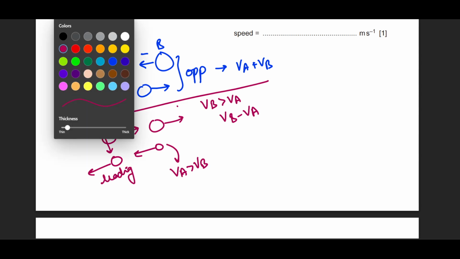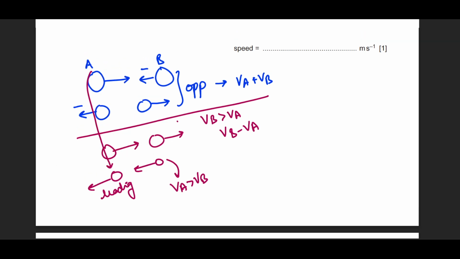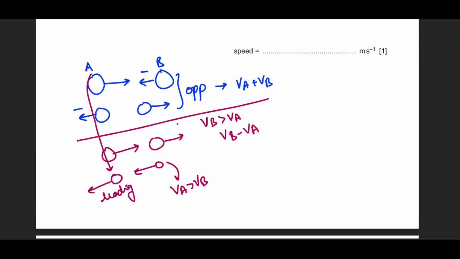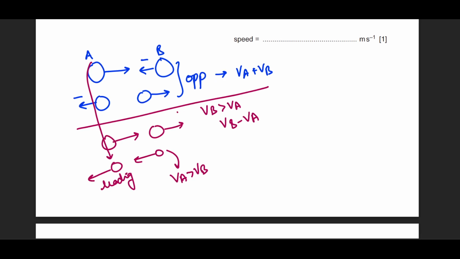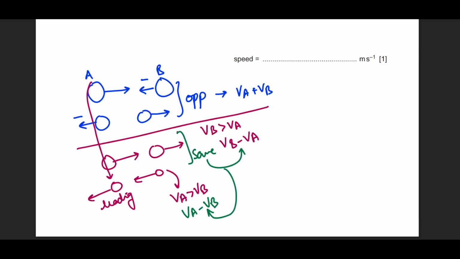And we cannot let them collide again, because if they collide again, this will eventually fall in the inelastic collision. In elastic collision, there is only one collision. Generally, this is just a trick, and then it will become VA minus VB. So when they're moving in the same direction, they're supposed to be subtracted, but there is a way for subtraction. Whoever is leading will be considered larger. Whoever is lagging behind will be considered smaller.